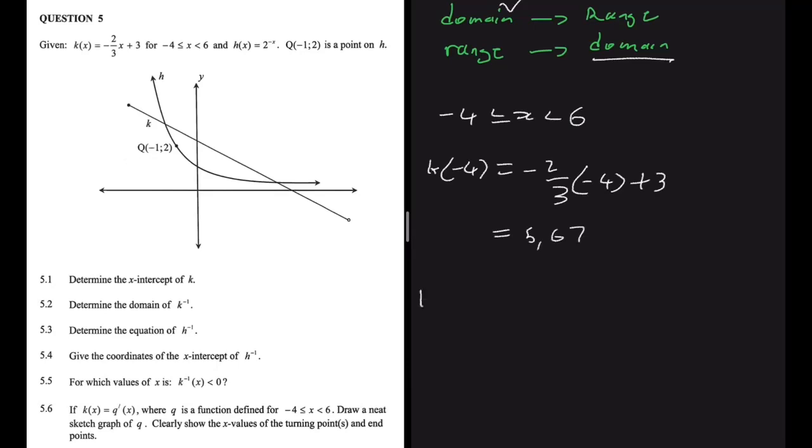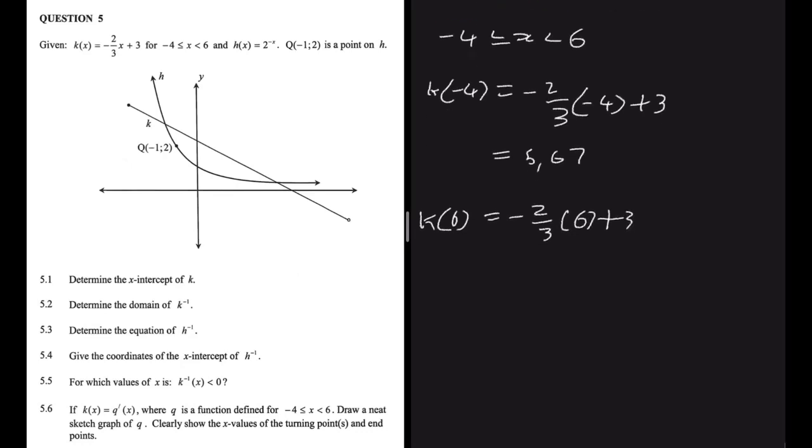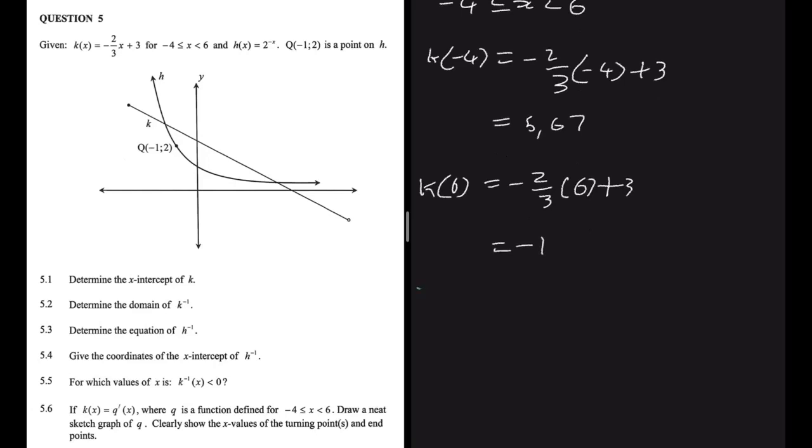And then we have k, and then we substitute 6, we get minus 2 divided by 3 multiplied by 6 plus 3. And then if we put that in our calculators, we shall get minus 1. We can write the range of k of x in the following way. Let me write it down and then I'll do a bit of explaining. So we have minus 1, then 5.67, right? And then here we have a square bracket.